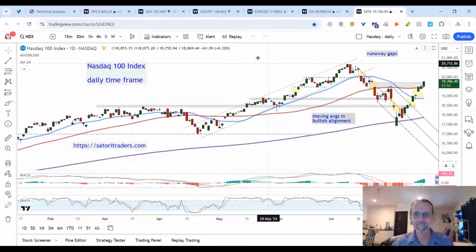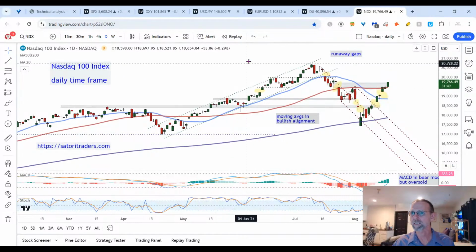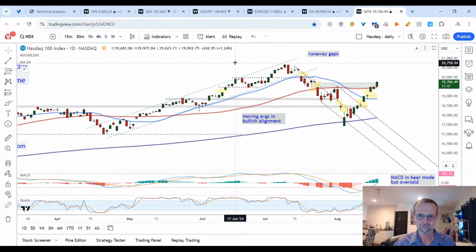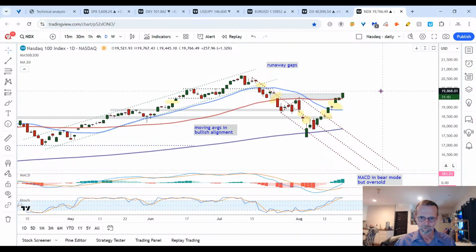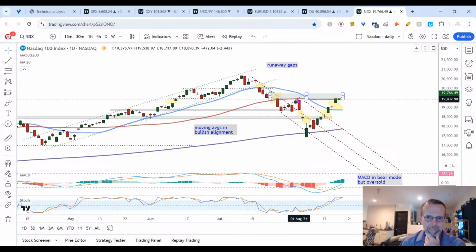Let's look at the NASDAQ, since that is the tech stocks and the AI bubble. What do we see here? Another strong move, 1.3% today. Continue push up past this prior high.